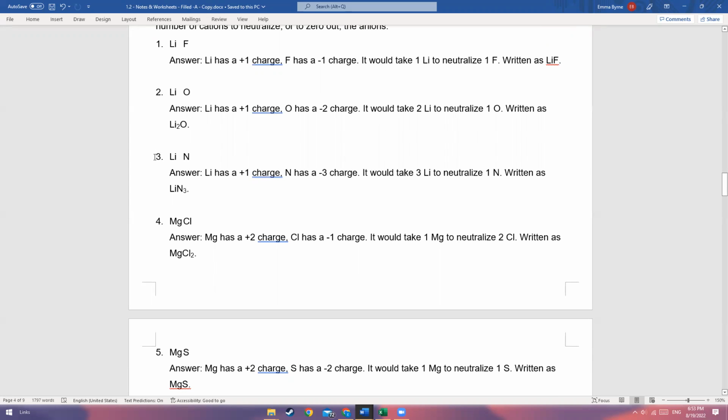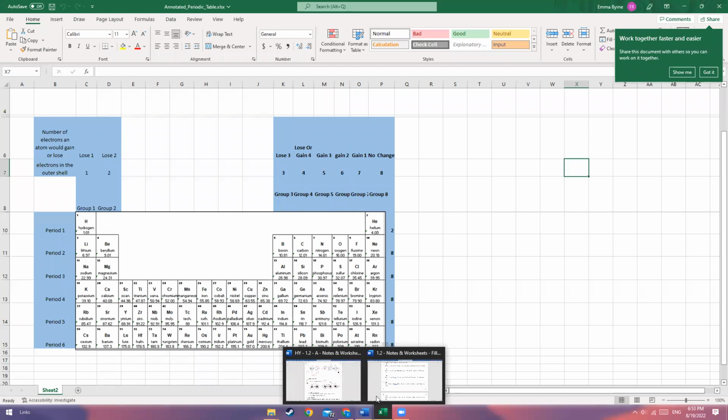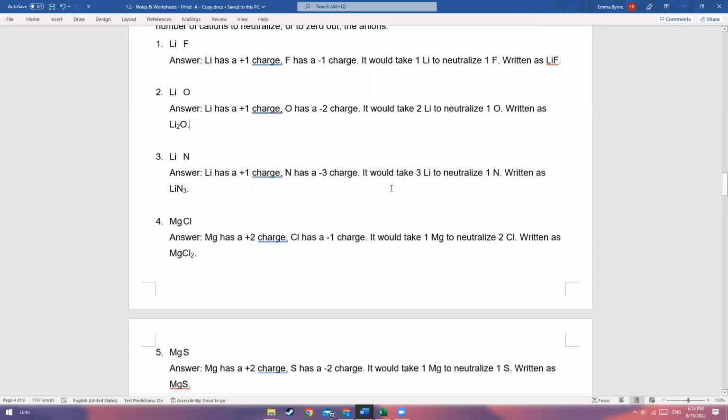And here we actually mix it up a little bit more. As we know, lithium has to ditch an electron, so it ends up with a +1 charge. And we have nitrogen. Nitrogen needs to gain 3 electrons to get that full valence shell. And that aligns here, right? It's in group 5. So it actually takes 3 lithium ions to neutralize that nitrogen.